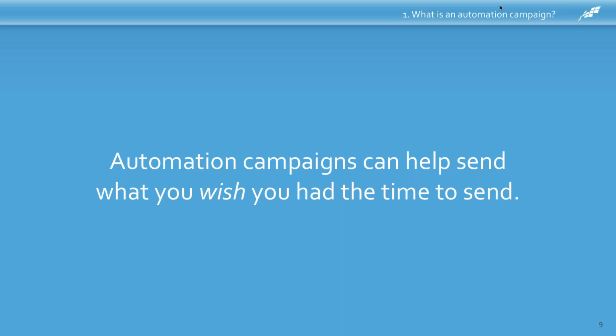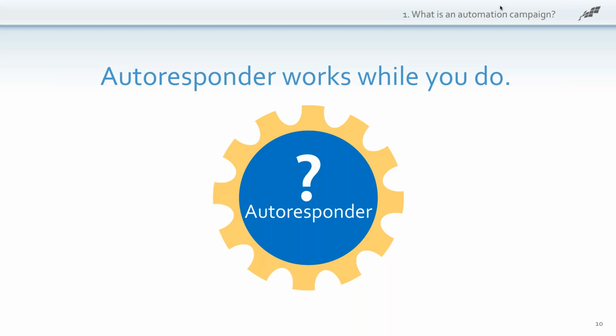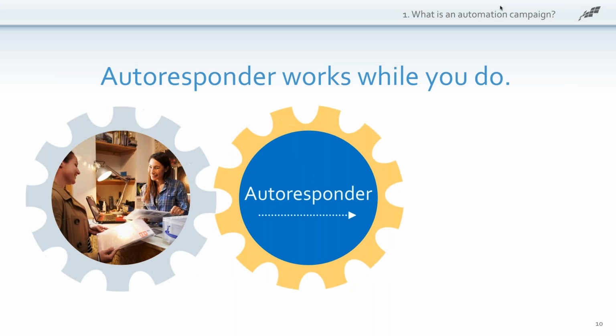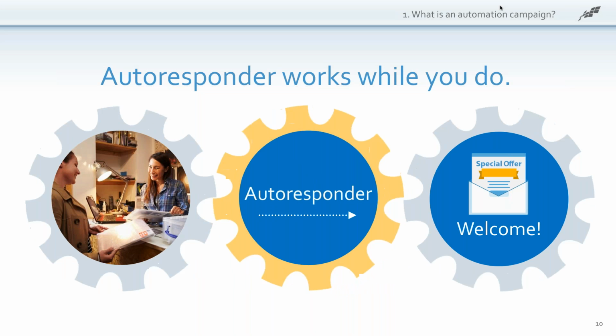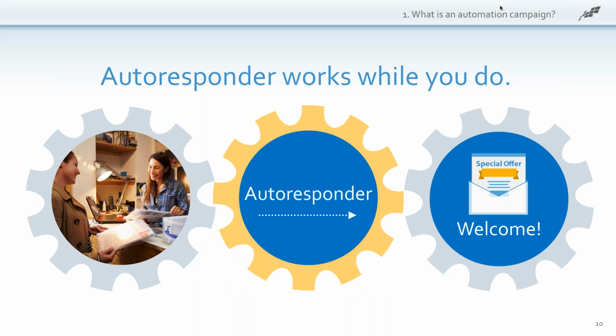Things that you would have to say over and over and over again. How do we get that into a concise message and send it out? So let's talk about how they work. While you're taking care of business, your autoresponders are going to be welcoming people, your new subscribers, into your community on your behalf, and your message is going out.